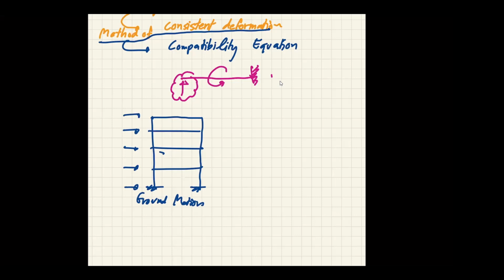And in doing so, they will allow you to design the building based on the deformation. So your building will deform. But if the deformation becomes too large, your building will become unstable. So you need to increase the size of the structure to try to reduce the deformation.